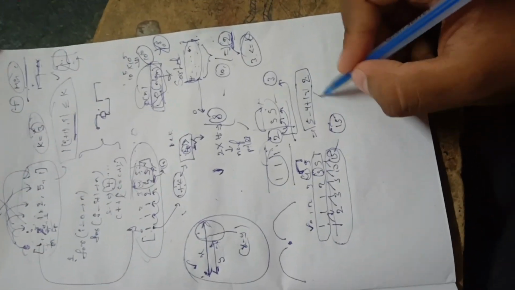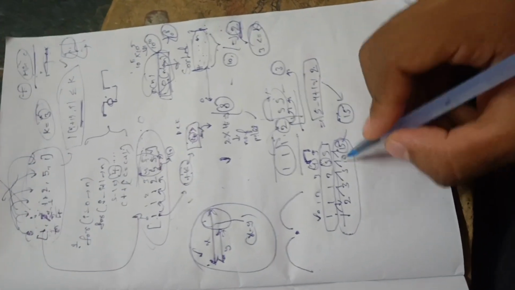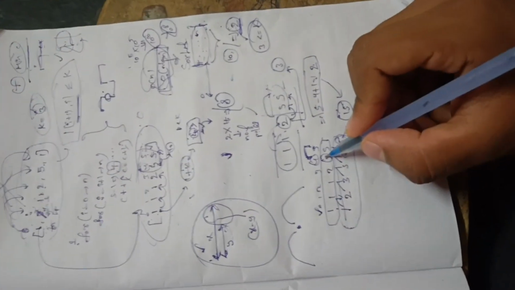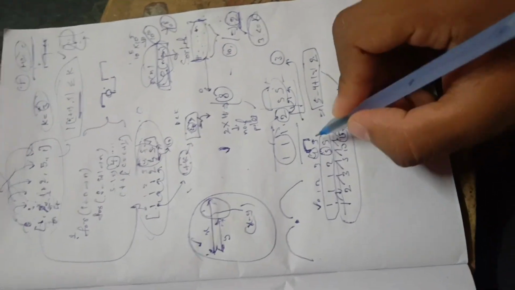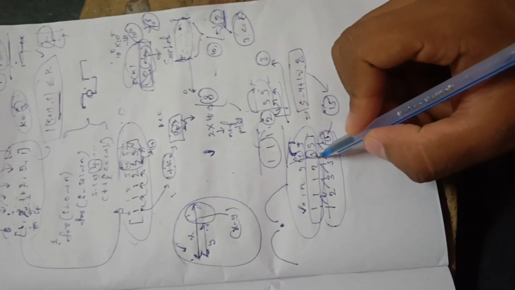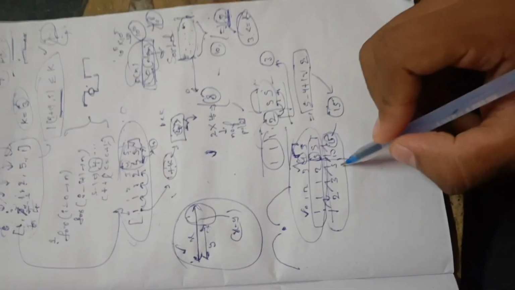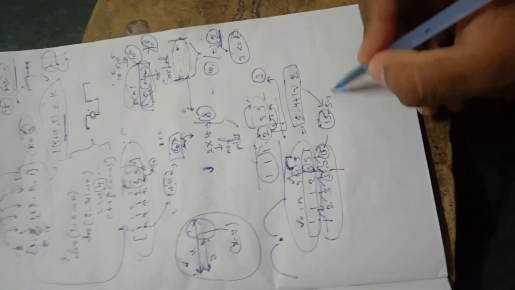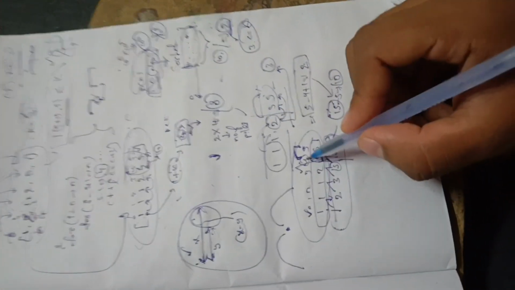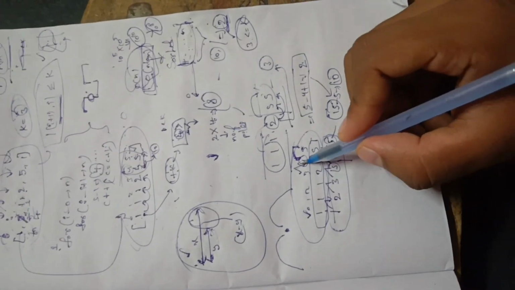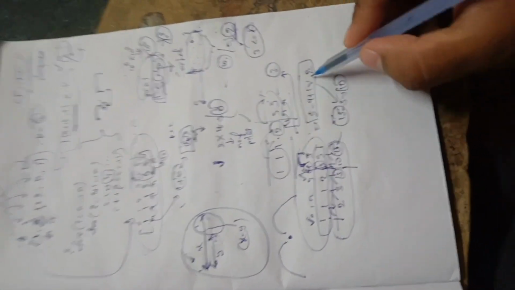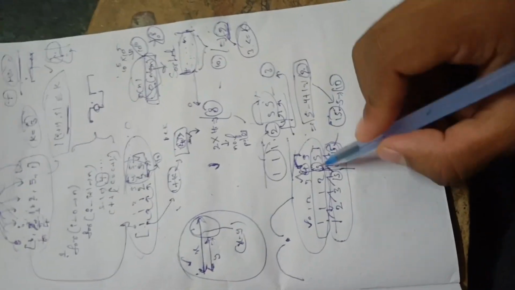So 2 piles, 2 into, and what is my total count? 15. And this 15 represents the entire sum, and I only know the sum from which index? From the fourth index, right? So remove the sum up to 4 minus 1, which is 3, which is equal to 5. So 15 minus 5 is equal to 10 now. That means the sum is 10 from that index up to the end, and we have two elements.